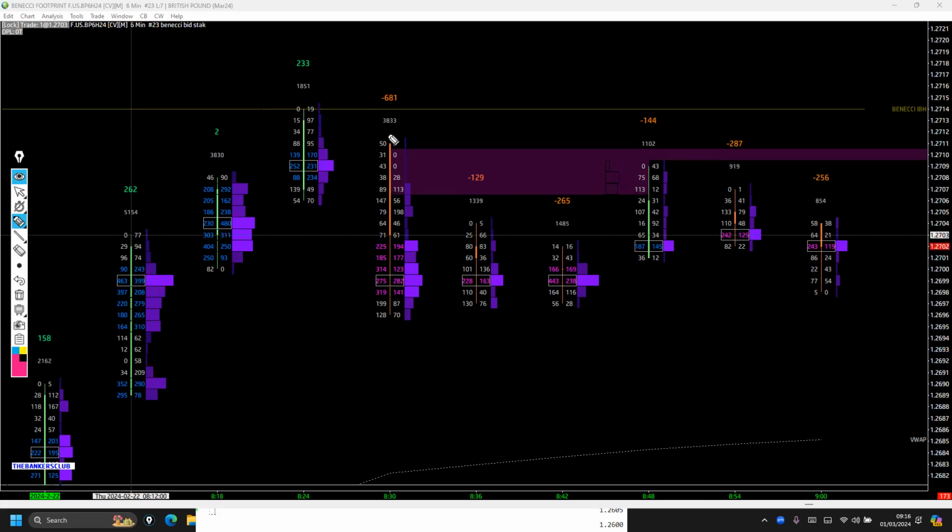Anyway, let's use this as an example. As we're on it, we can see we have a stacked imbalance here. There have been significant transactions within this candle. That's the volume, so a lot of volume there, and a lot of sell delta, stacked imbalance. We like to see that.